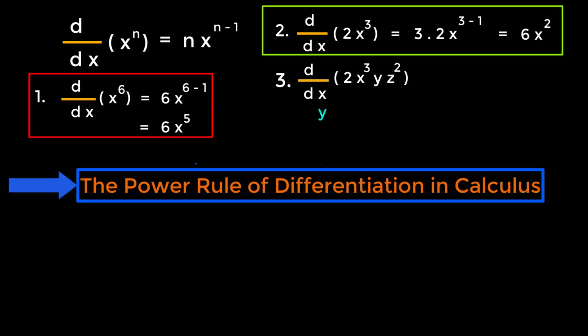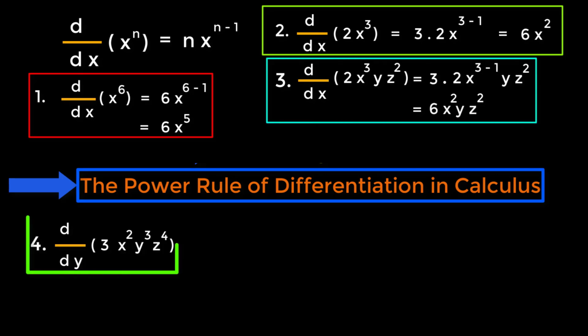If there were y here instead of x, we would differentiate y with respect to y, not x or z. Similarly, if there were z here instead of x, we would differentiate z with respect to z, not x or y. So, according to the power rule, we can write d/dx 2x cube y z square equals this power 3 times 2x to the power 3 minus 1 y z square, that is 6x square y z square.